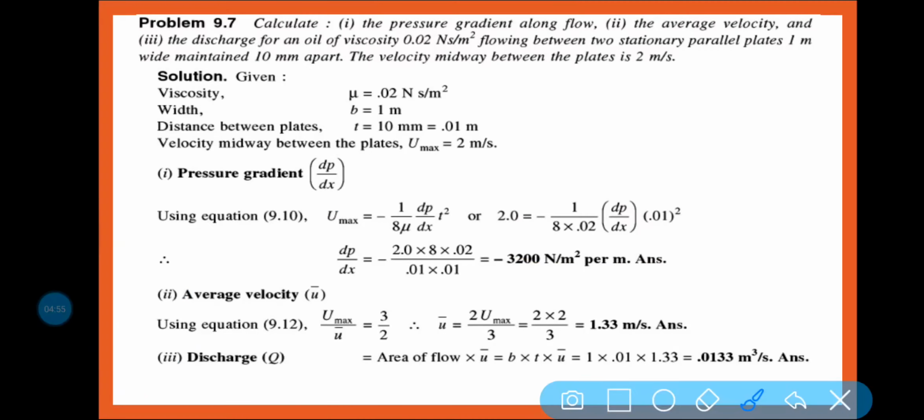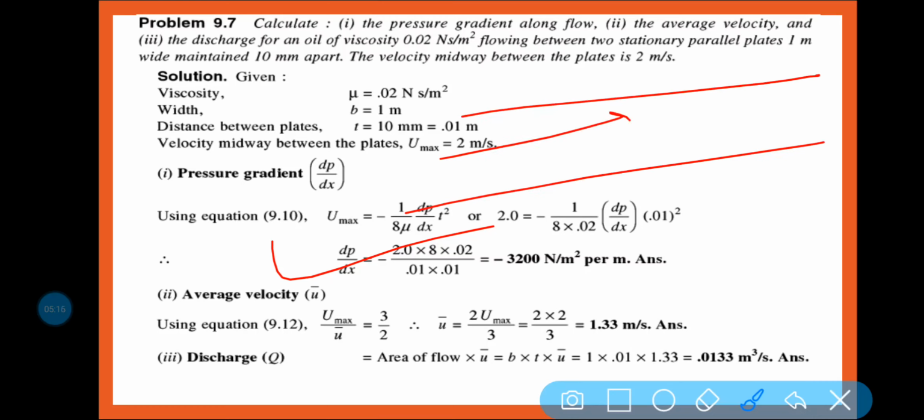Put all the given values, you will be getting dp by dx is equal to minus 3200 Newton per meter square per meter. And why it is coming minus? Because pressure is dropping, that is why it is minus.